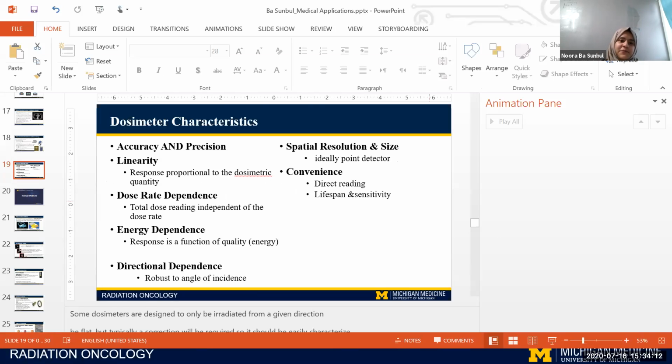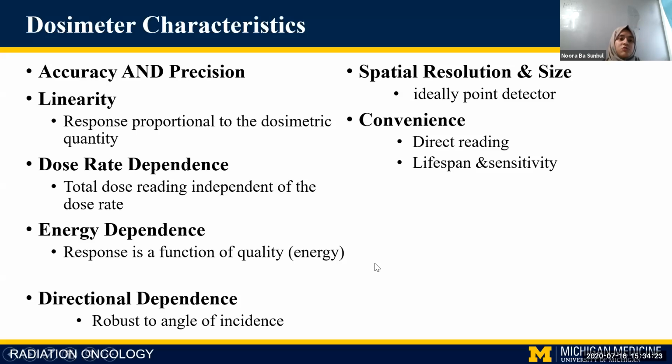So we're going to continue from the dosimetry characteristics. There are different things that you need to take into consideration once you choose your dosimeter. Starting with looking for the accuracy, the dose rate dependence, the energy dependence of your response, and also the convenience.